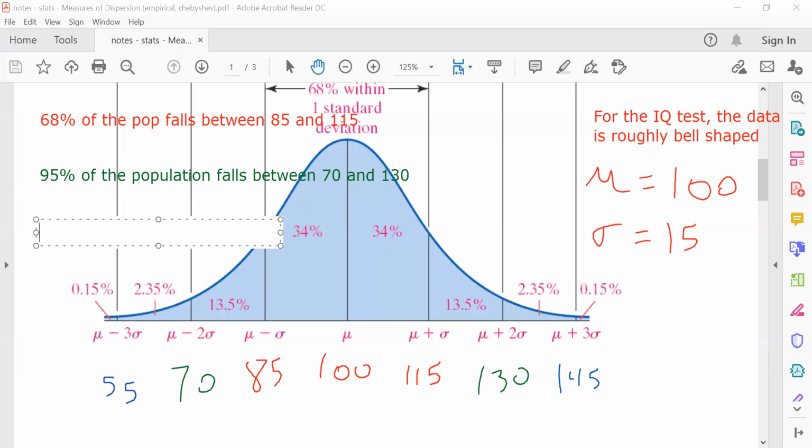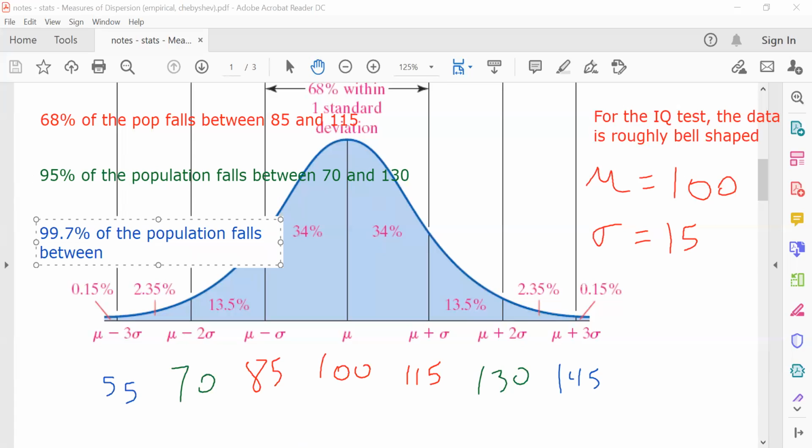And then finally, almost all, 99.7% of the population falls between 55 and 145. That's what our empirical rule is telling us for these specific numbers over here.